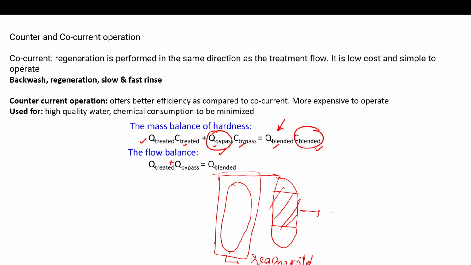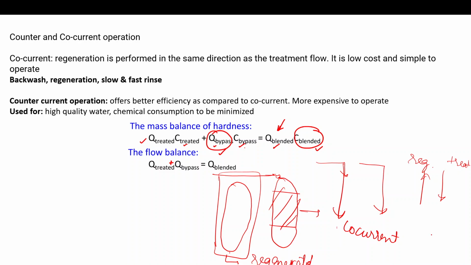Let's say the wastewater flows in from top to bottom direction, this is the direction of treatment. If the regeneration also happens from top to bottom, then it is co-current, and if it is in reverse direction, let's say this is the treatment, this is the regeneration, then it is counter current, right?